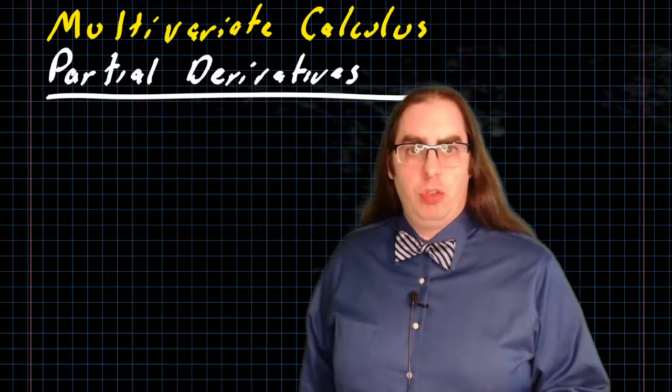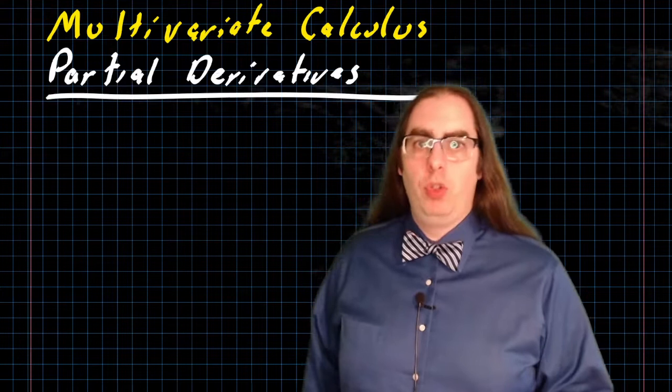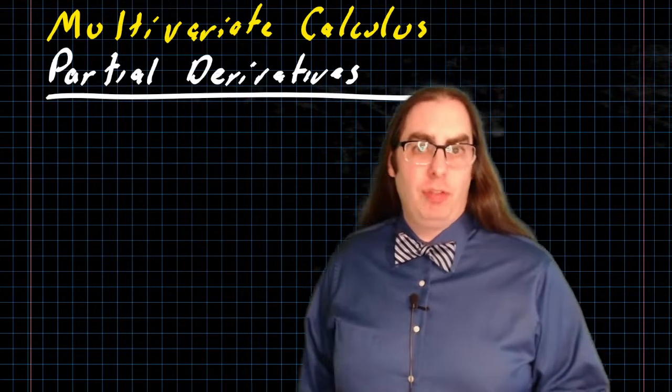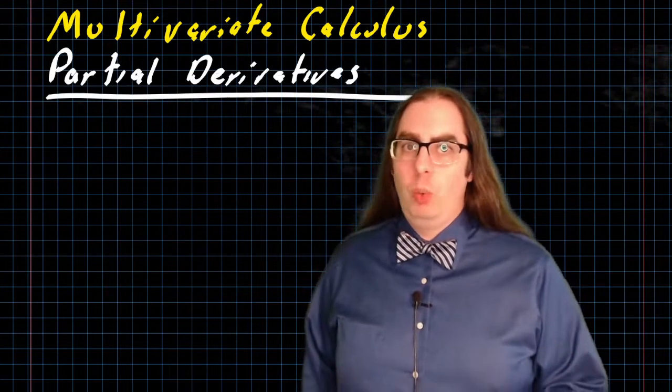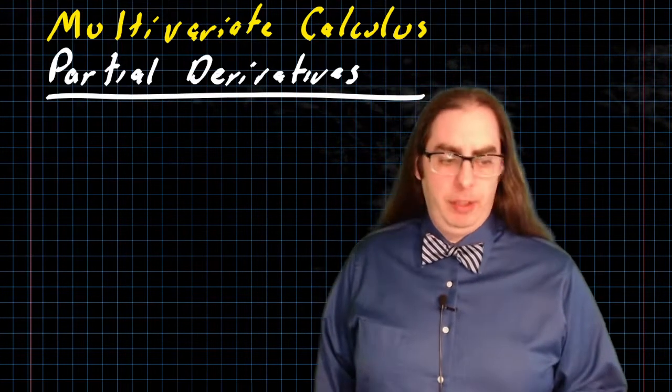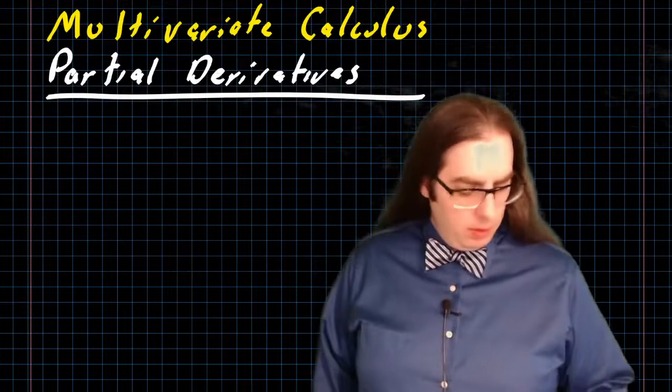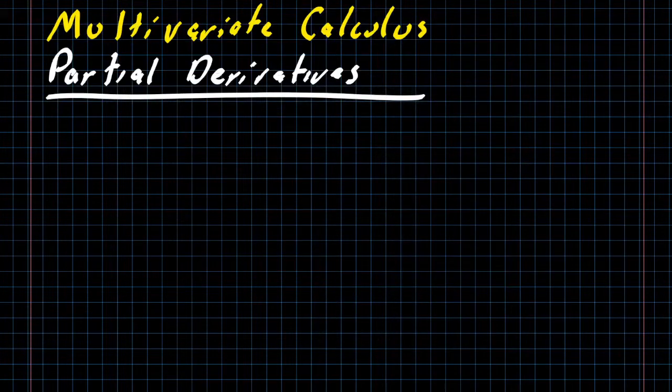And there are just too many variables to do that with a surface, with a function of several variables. So we have to cheat a little bit. Instead of looking at a derivative as a generalized tool, we're going to look at things in slightly different orientations.